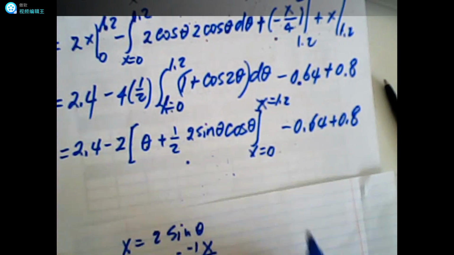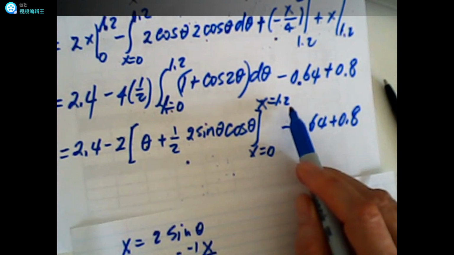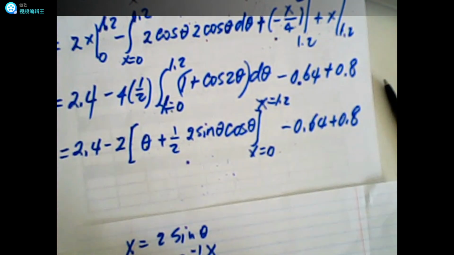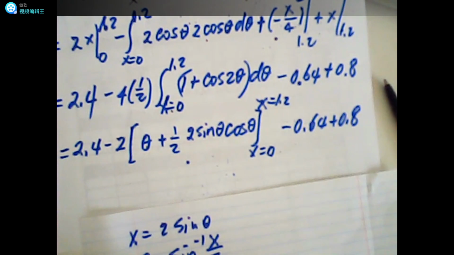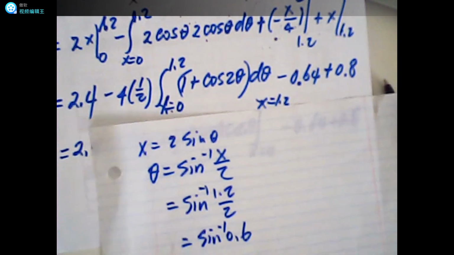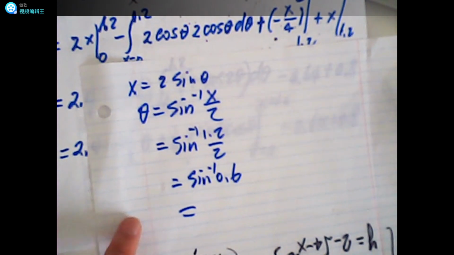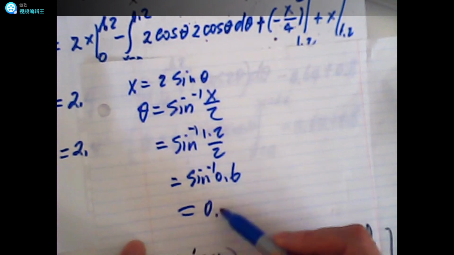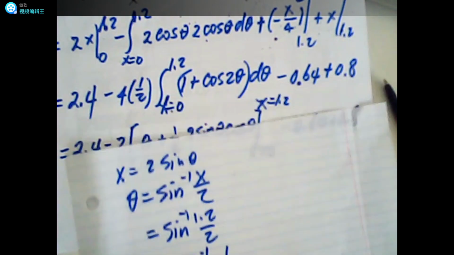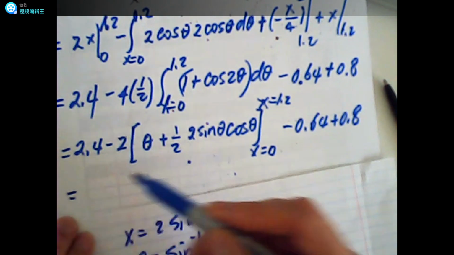Okay. Now since x is 1.2, this is arc sine 1.2 over 2. It's arc sine 0.6. Arc sine 0.6 is 0.643.